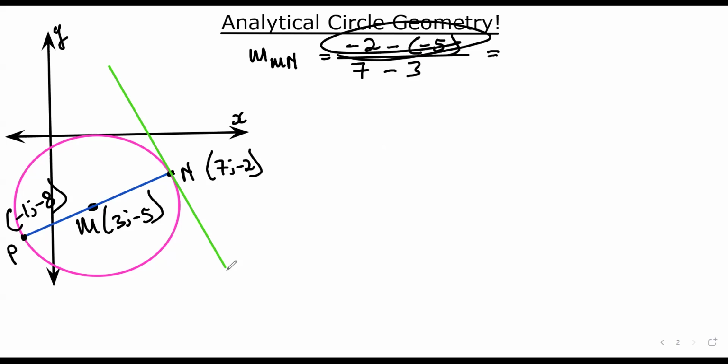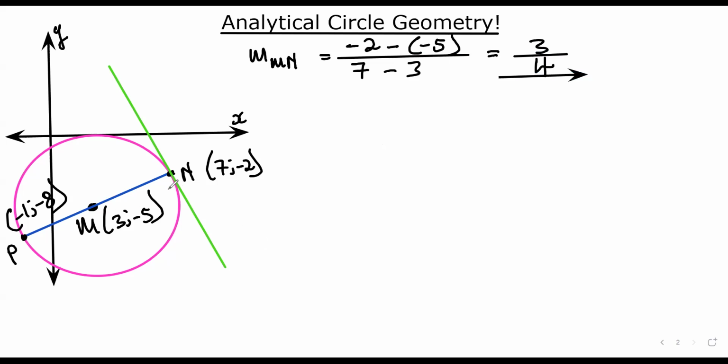Then in the numerator, we get -2 plus 5, which is +3. And in the denominator, we simply get a 4. So it means the gradient of the radius is just going to be 3/4.